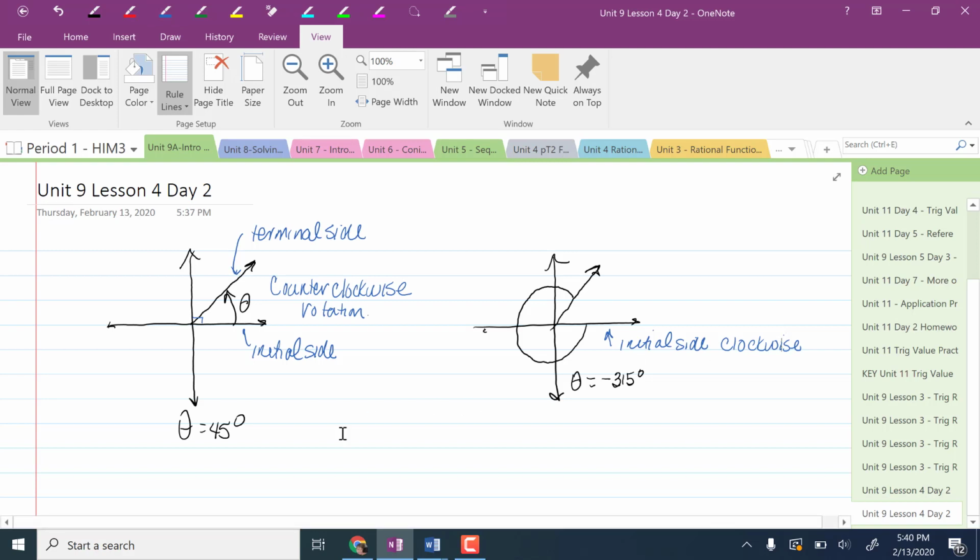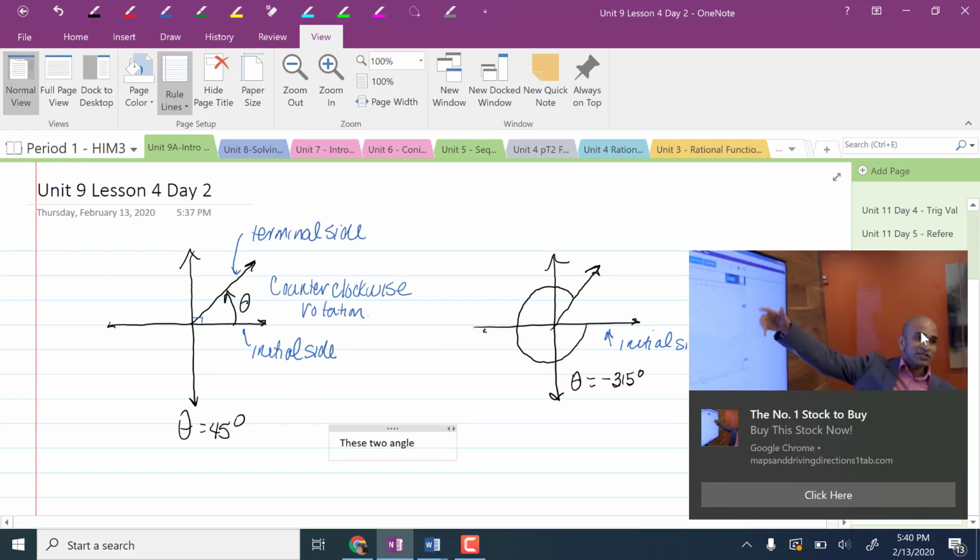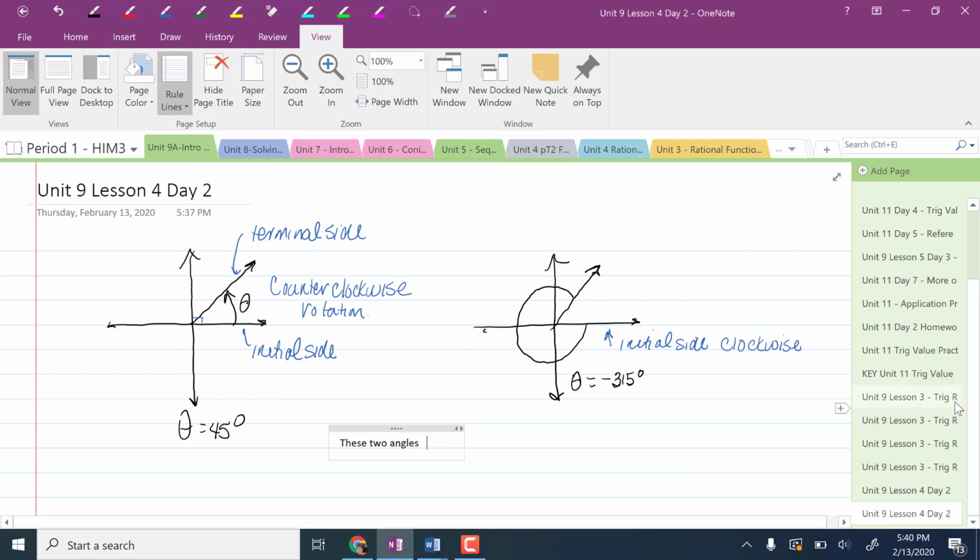The negative is used to indicate the direction of rotation. And in fact, these two angles are coterminal angles. Coterminal angles are angles that share the same terminal side.